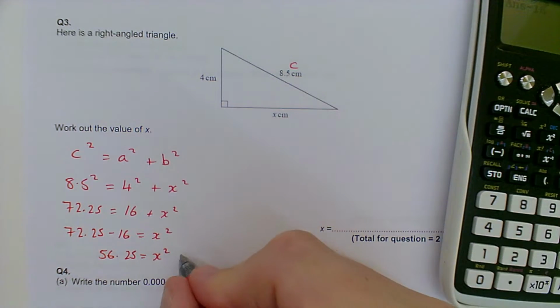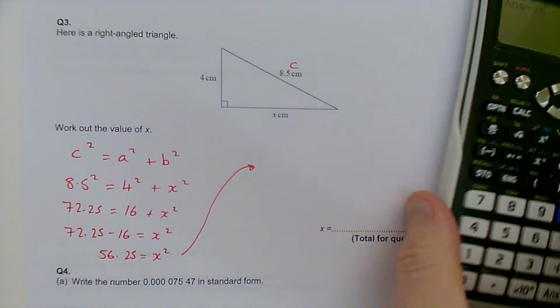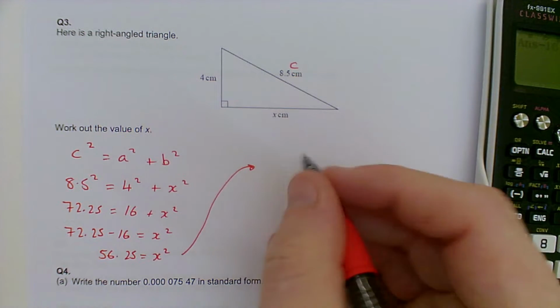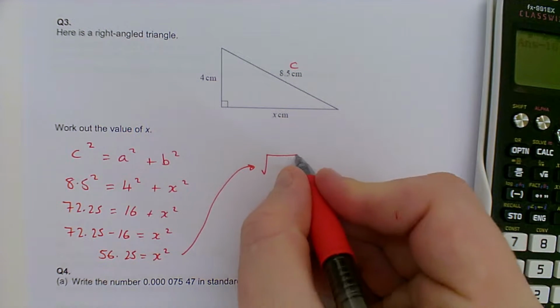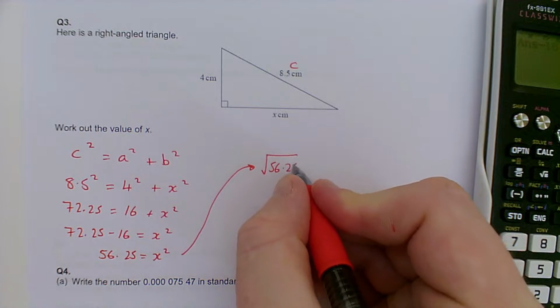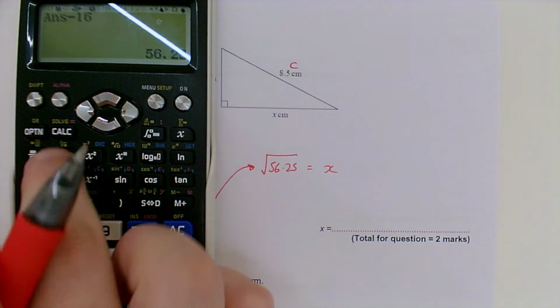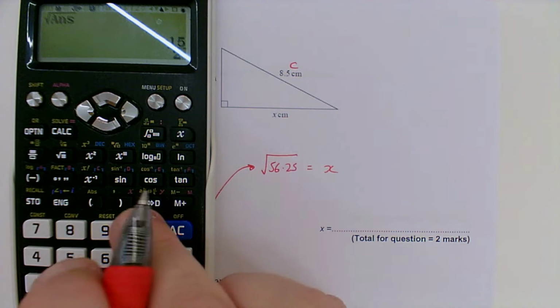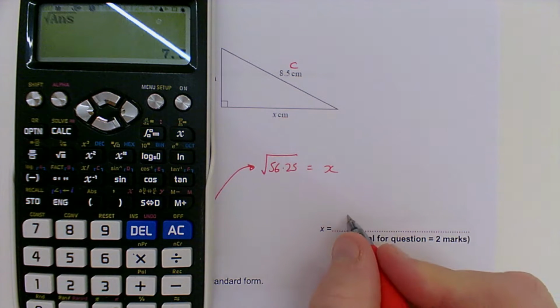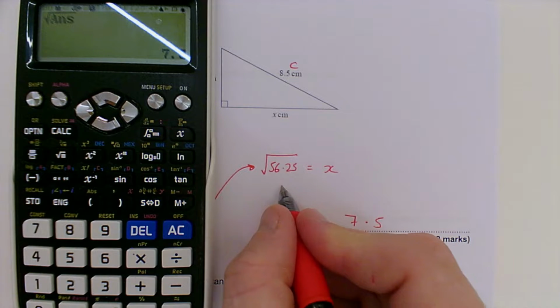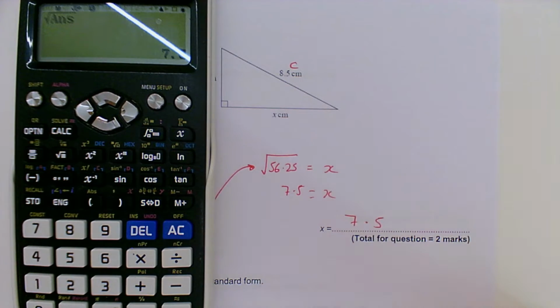And then to get rid of the squared, we're going to take the square root technically of both sides. So the square root of 56.25 would be equal to the square root of x squared, which means they cancel each other out. So the square root of that answer gives me a final answer of 7.5. 7.5 is equal to x.